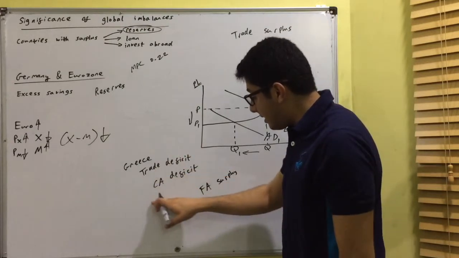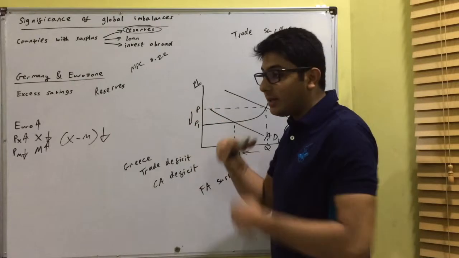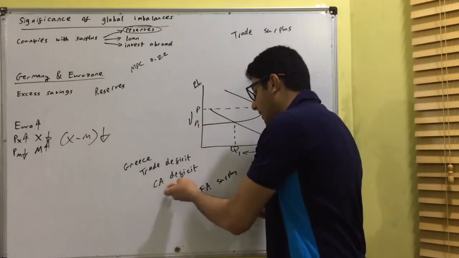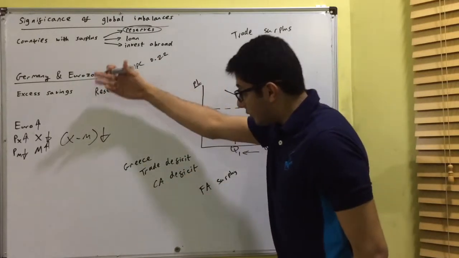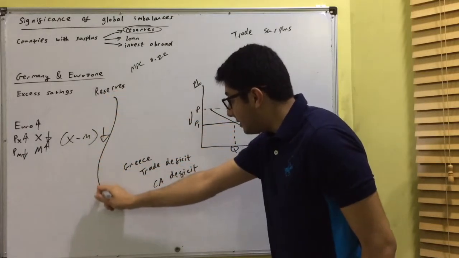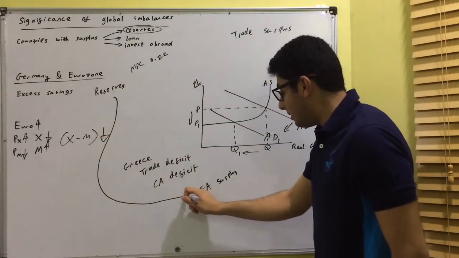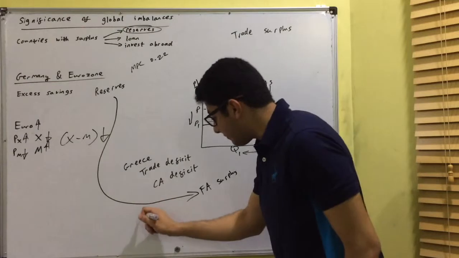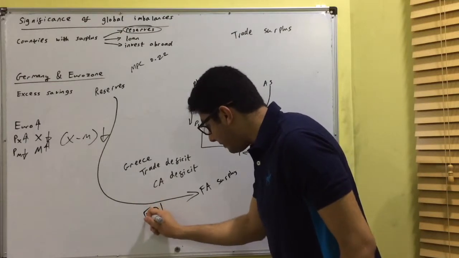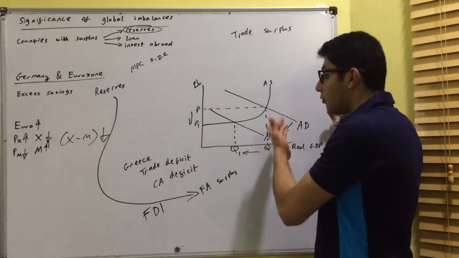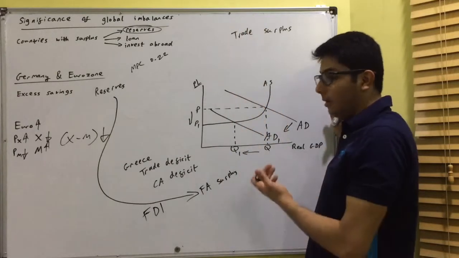Because that means that they need to fund it somehow. They need extra foreign currency to fund that current account deficit. So countries like Germany can invest abroad instead of building up their reserves into Greece, so FDI flows, for example, and that would be beneficial. That would be beneficial for growth in the eurozone as a whole.